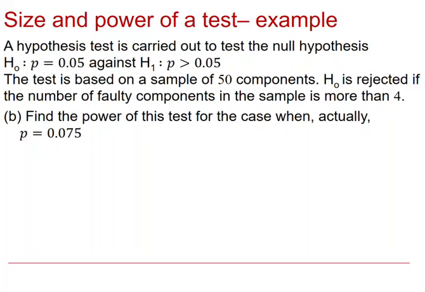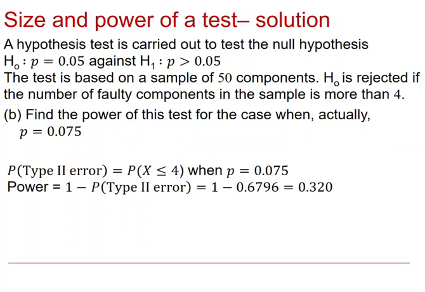And just using the straightforward definition that power is 1 minus the probability of a type 2 error, the probability of a type 2 error is the probability that we accept the null hypothesis, which means x must be less than or equal to 4, when p actually does not equal 0.05, our null hypothesis is not true, p equals 0.075. And that's very simple to evaluate, and then find the power, 1 minus the probability of the type 2 error, and we have our power for this test.